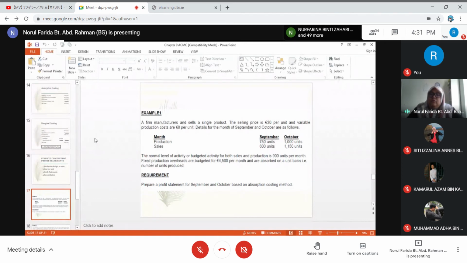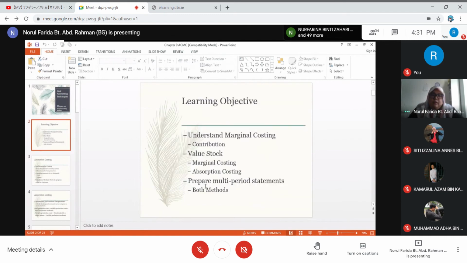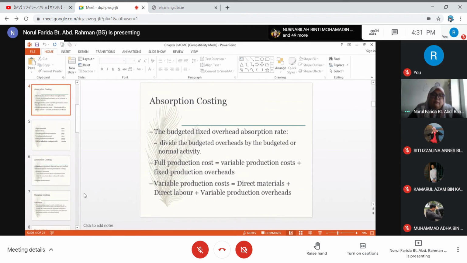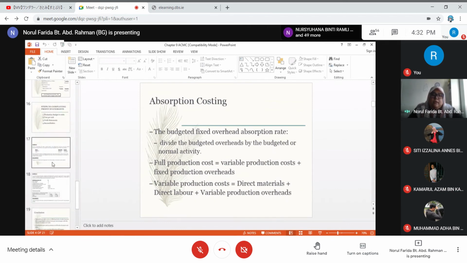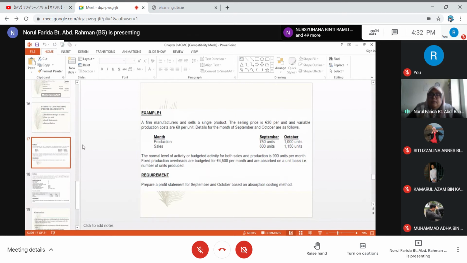So you ada untuk dua bulan ini, dia kata multi-period tadi tu. Ni prepare multi-period statement. Ni pula soalan dia. September and October. So you have your production 750 units and 1000 units for September and October. Sales 600 units for September and 1150 units for October.